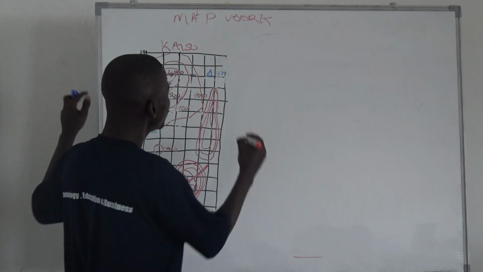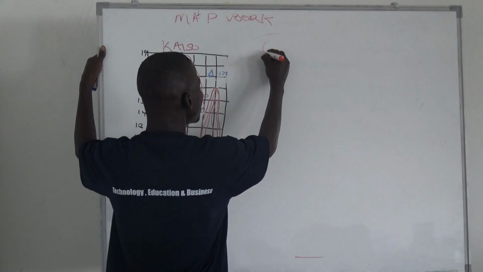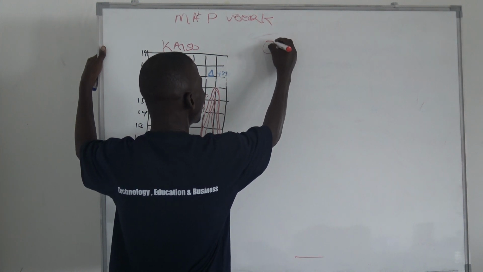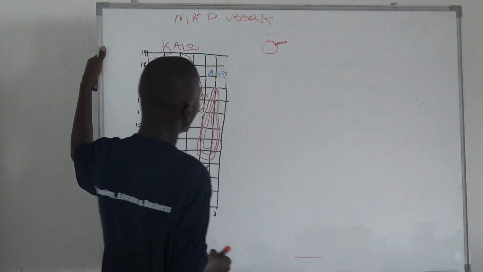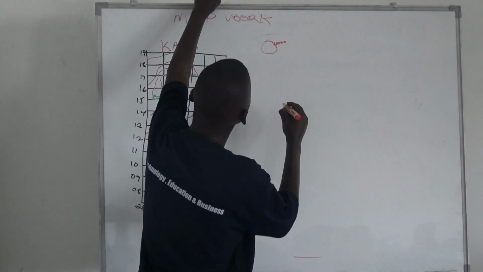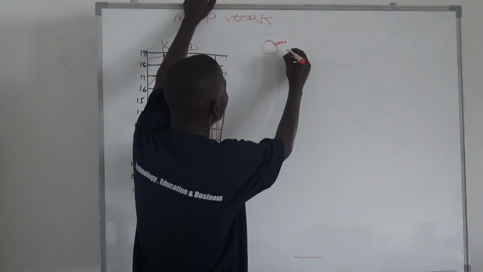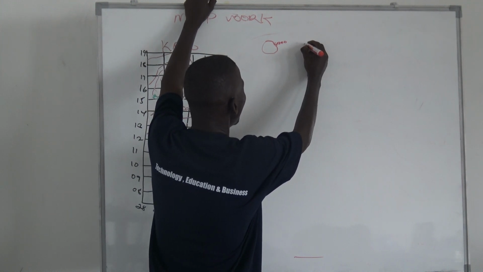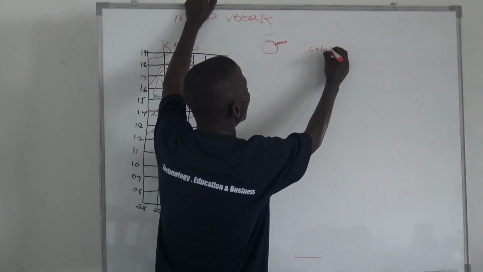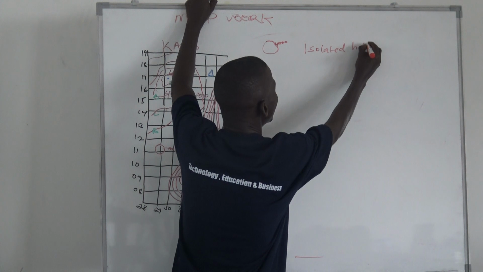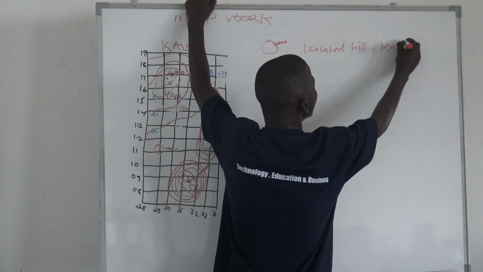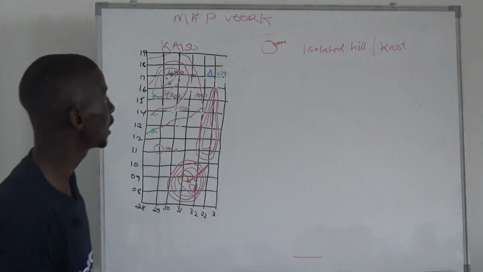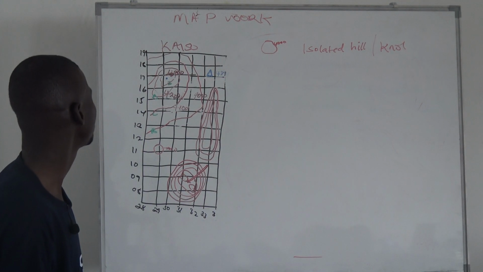So I was talking about, if you see something which is looking like this and has a number 4,000, in terms of our relief, this is referred to as an isolated hill. If you don't call it isolated hill, you can call it a knoll.